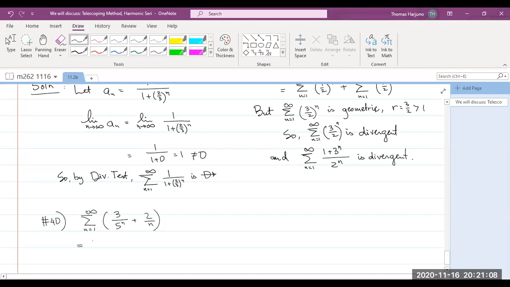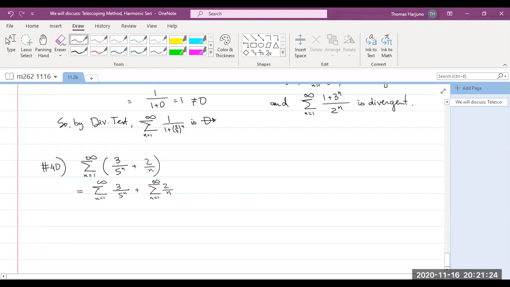This is equal to the series of 3 over 5 to the n plus the series of 2 over n. Now notice that this part here is harmonic.